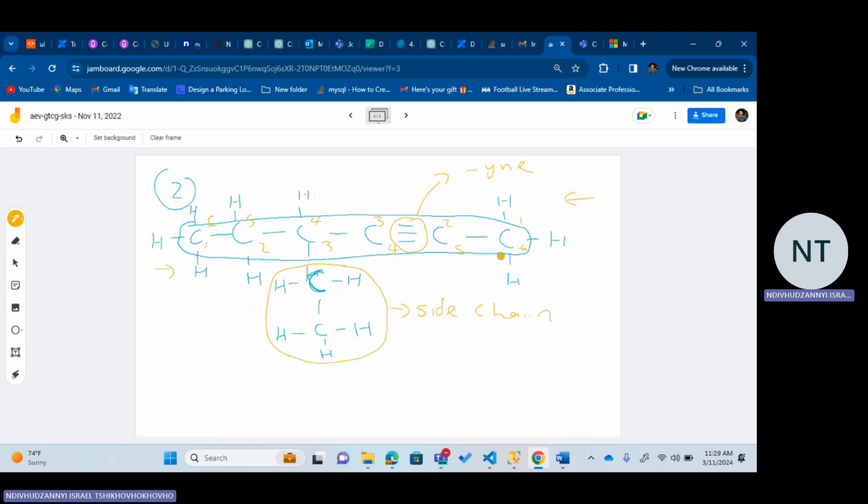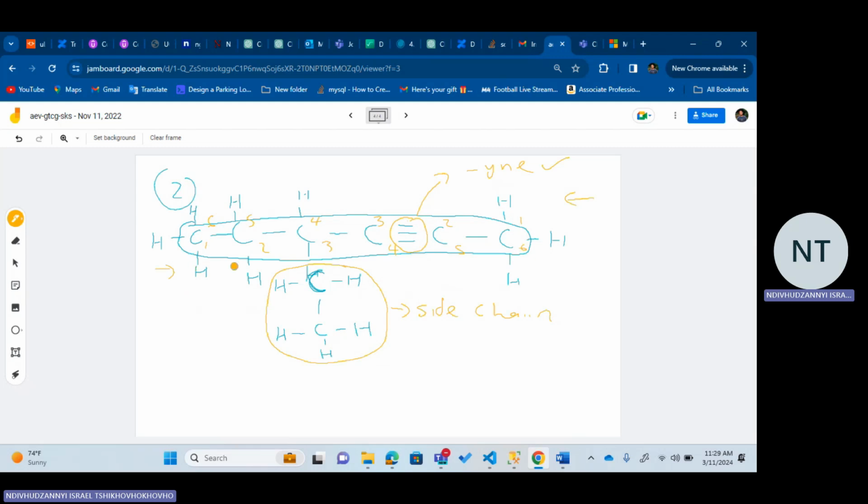What comes first, before side chain and alkene? If there's no homologous series, we forget about that. Then we check for alkene or alkyne, which is this one. So that's the order that we are going to choose. So when choosing the numbering, we'll choose the numbering based on that.